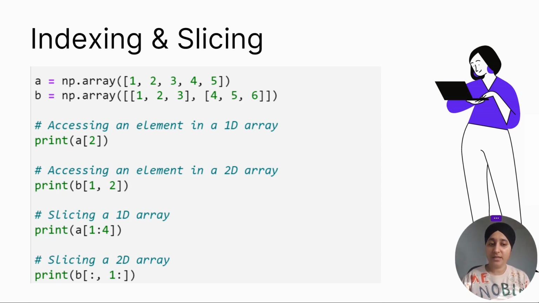So here we need to print all the rows. All the rows means these two rows. From these two rows we need to print some elements. So after the comma we are putting one colon and everything.